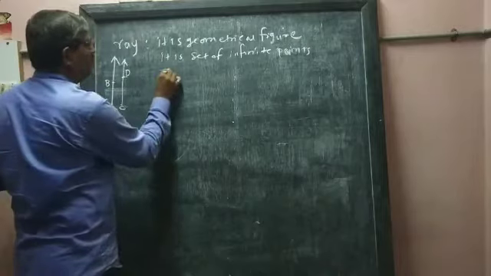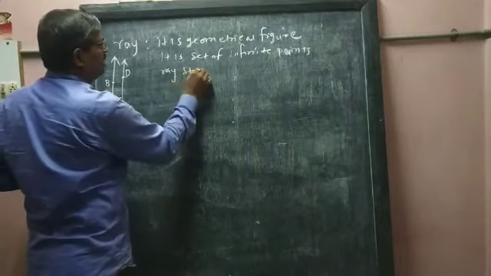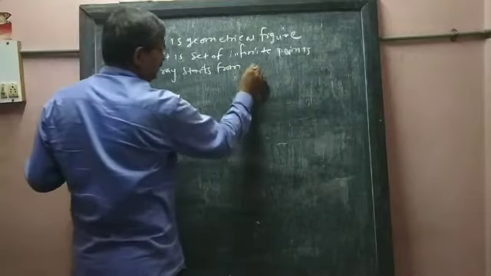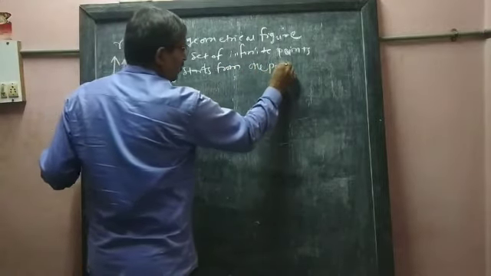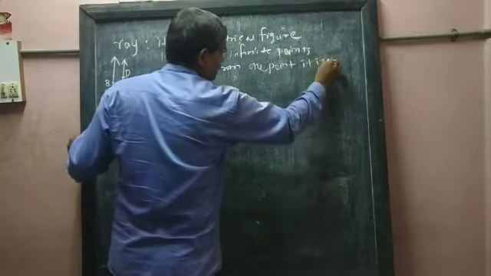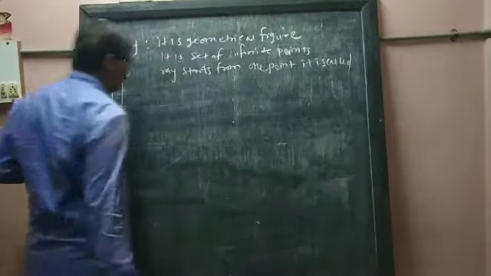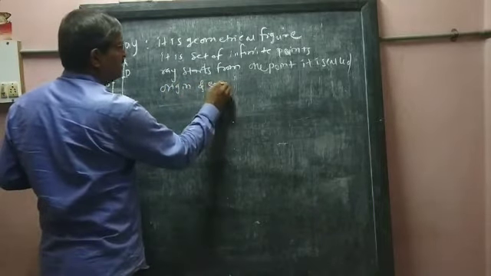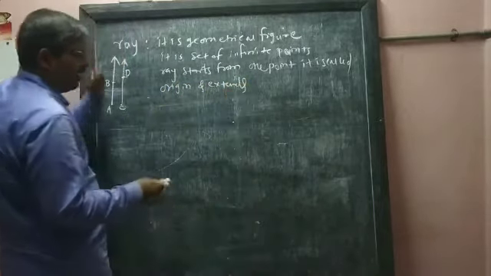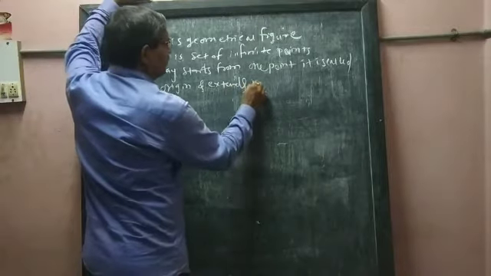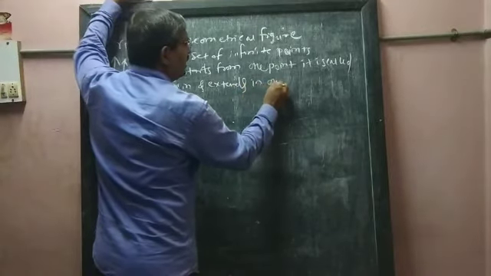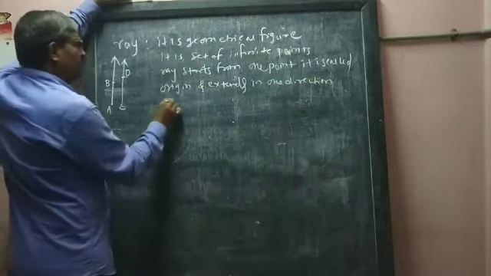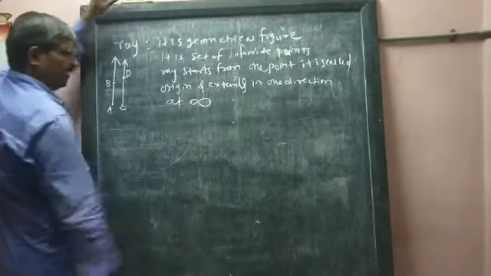A ray starts from one point. It is called the origin and extends in one direction at infinity.